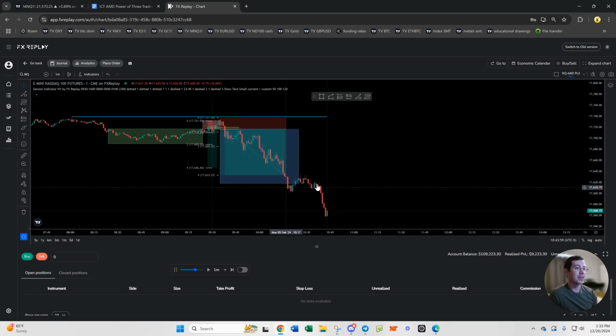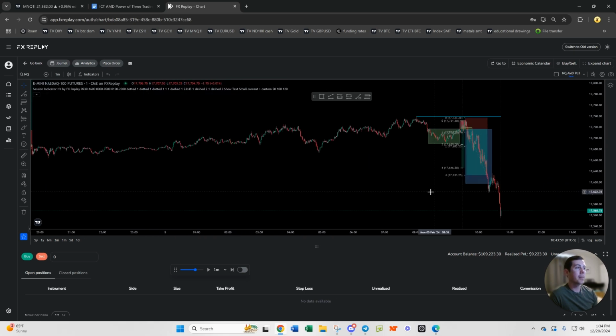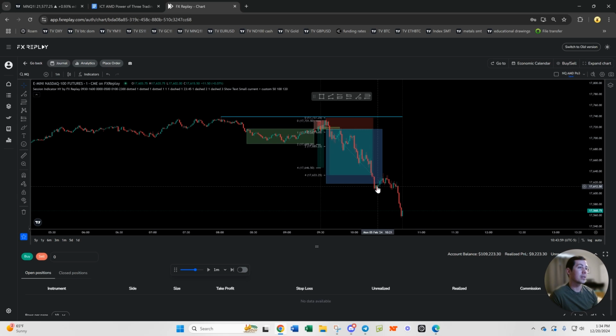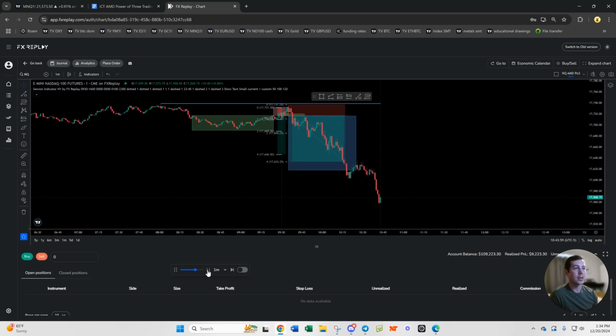So I personally wouldn't have traded this leg right here. Maybe on the lower time frames, 15 seconds or 30 seconds, you could see more candles accumulating here and a manipulation and distribution. But for the 1 minute time frame, most of these accumulation phases take a little bit of time, so I wouldn't look at these few candles as an accumulation.